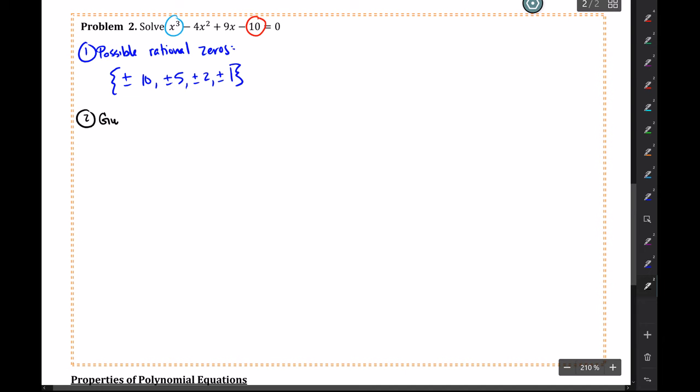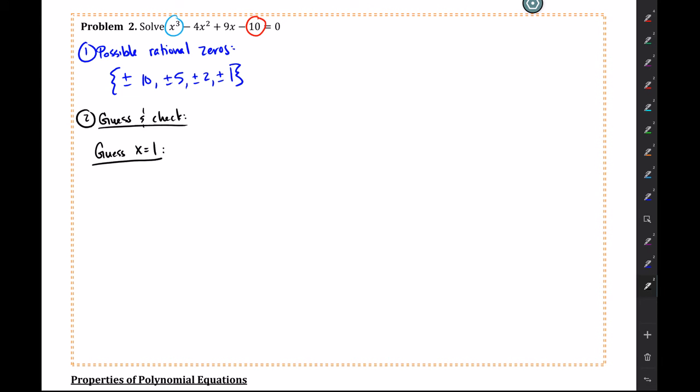Now, step 2 of this process says to guess and check using synthetic division. And if you're like me, you're probably going to guess x equals 1, and you want to see if that's a root or not. Well, let's see.